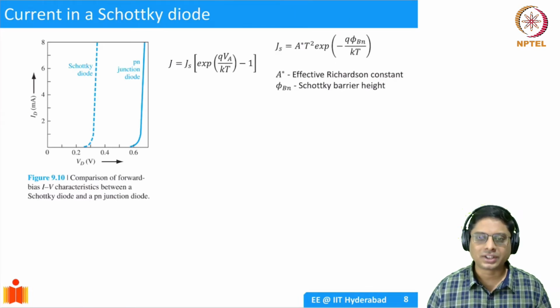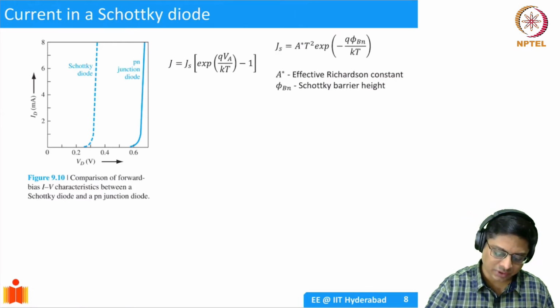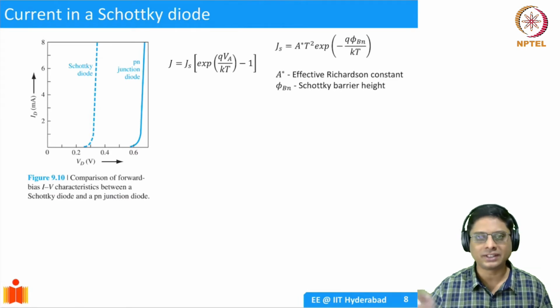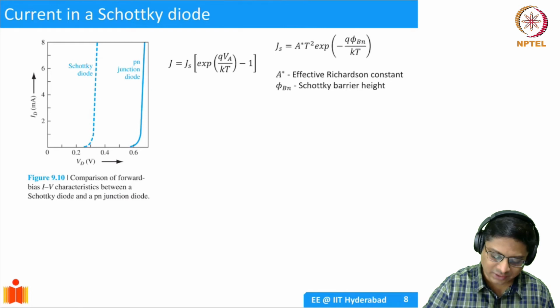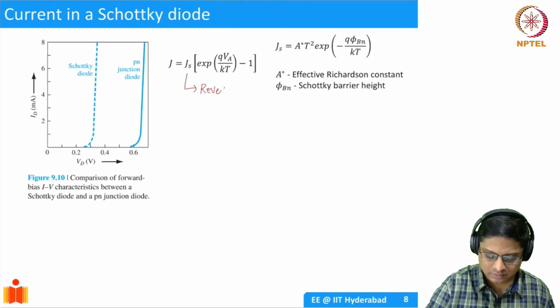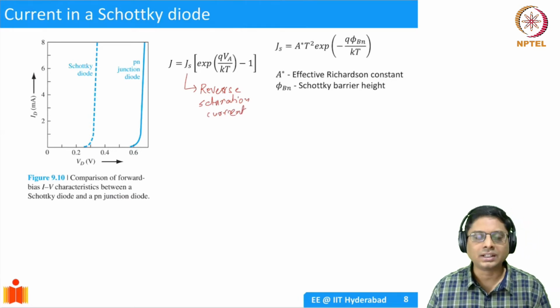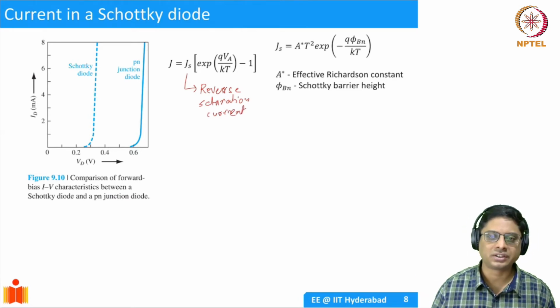It turns out that for a Schottky diode, you have the same form of expression as a regular PN junction diode. There is a reverse saturation current here, and the exponential behavior is common.